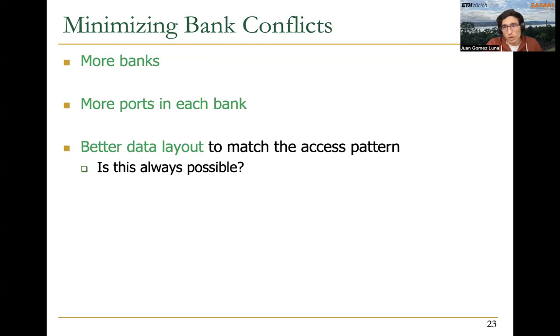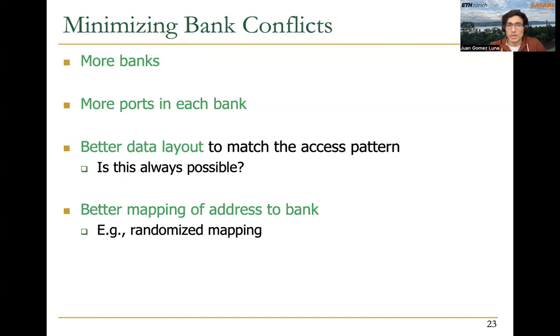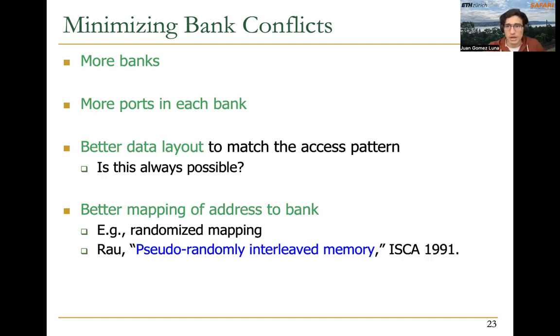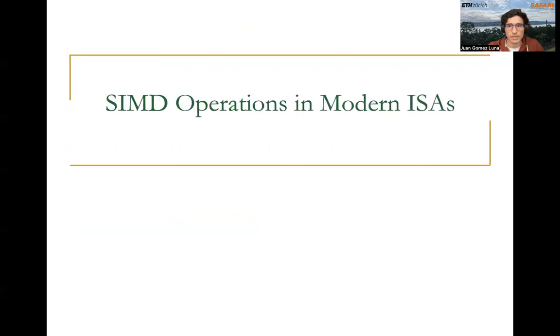But this might not be possible in all cases. And then we can also figure out ways of doing better mapping of addresses to a bank. For example, randomized mapping. And this is a very good, seminal paper on pseudo-randomly interleaved memory that explains at least one approach to do this randomized mapping.